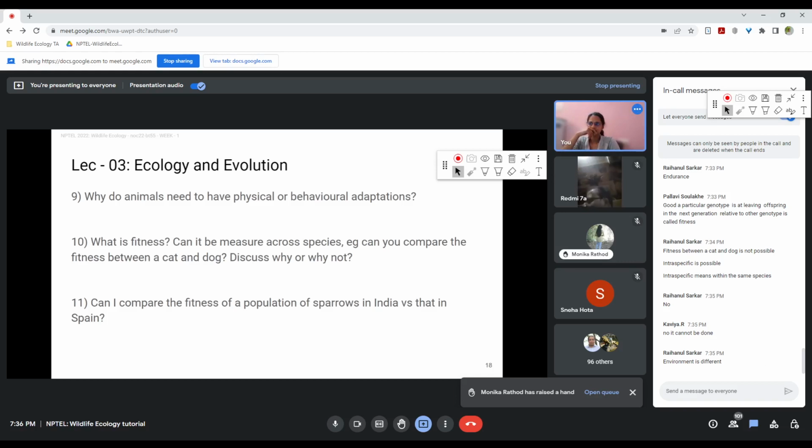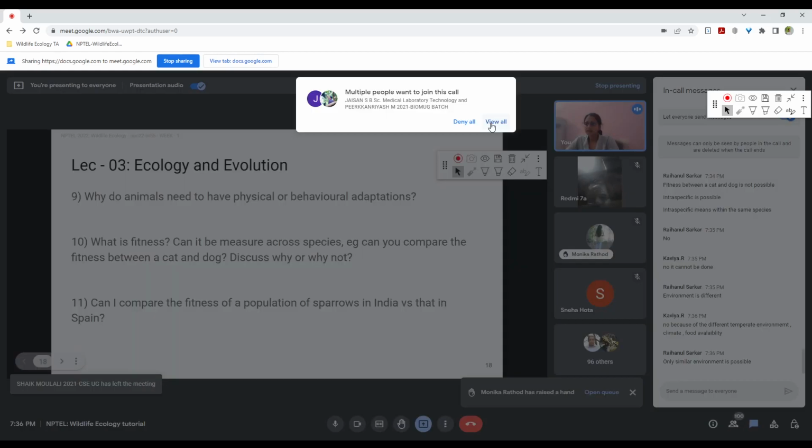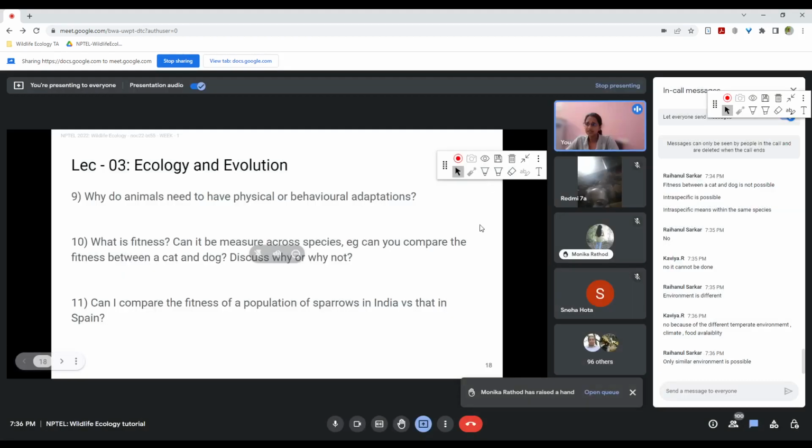Sure. Yeah, so you can't really compare the fitness of a population of the same species in two different environments because, since the environmental factors are different, they are not comparable, because they are subjected to different temperatures, different precipitation factors, several other abiotic as well as even biotic factors such as food and resources.